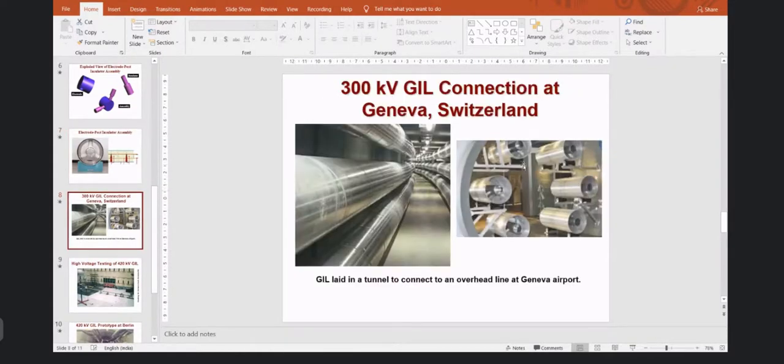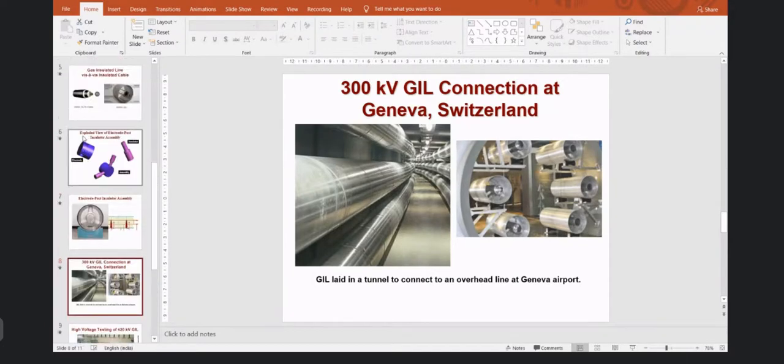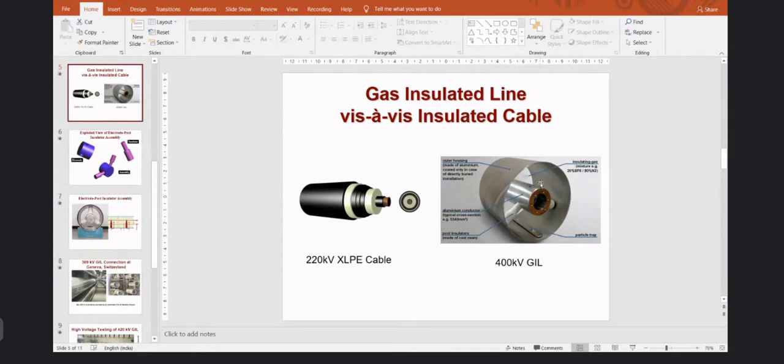And this is the actual, left side is the actual diagram. This is installed in Geneva, Switzerland, 300 kV GIL. And you can see 6 cylinders. By the way, this one, as you can see on the right, is one cylinder only. That means one phase.